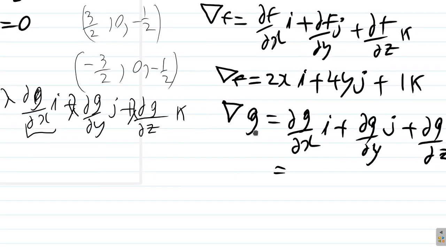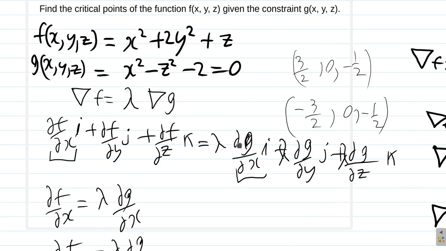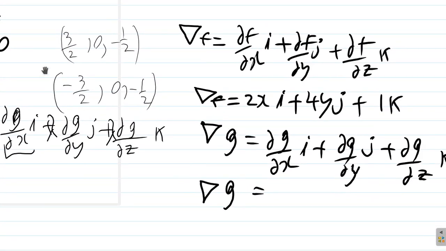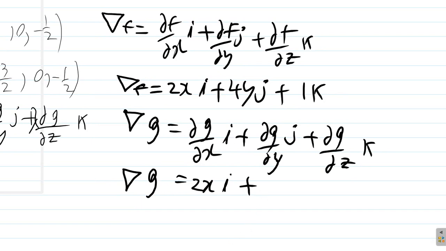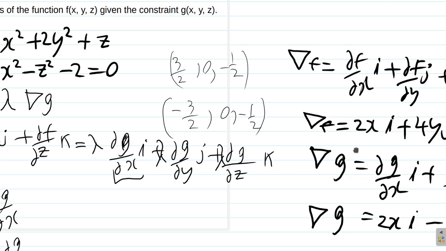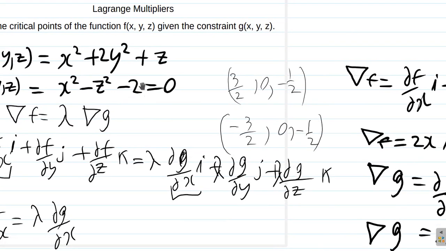So nabla g equals 2x, when you differentiate with respect to x, so it's 2x i plus, we're differentiating with respect to y, so it would be 0y.